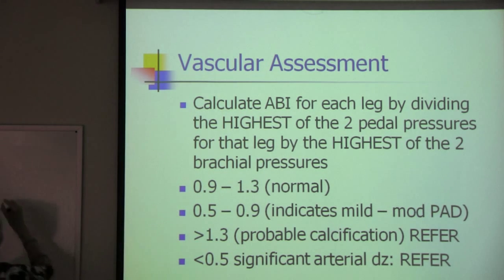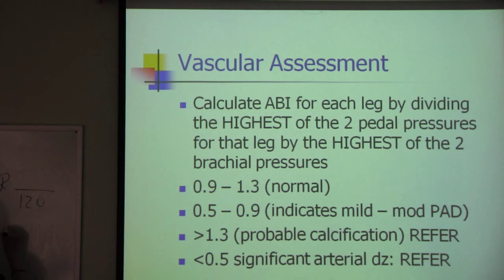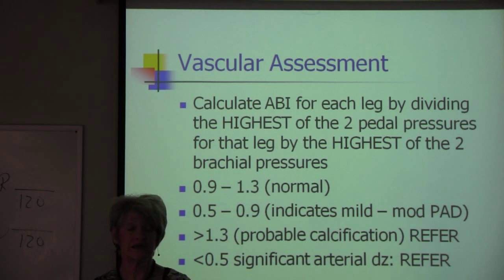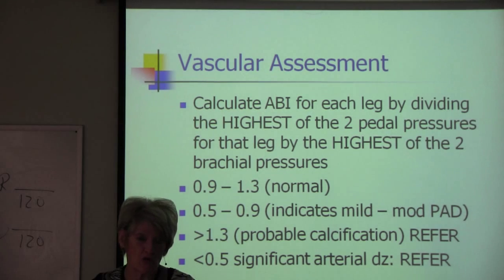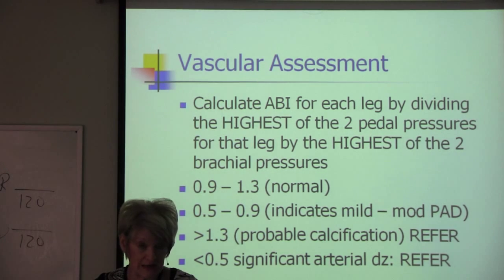So I'm actually going to put it on the board. Right and left. Now let's say that on the right leg your DP is 124 and your PT is 118. You throw away the 118 and you use the 124.